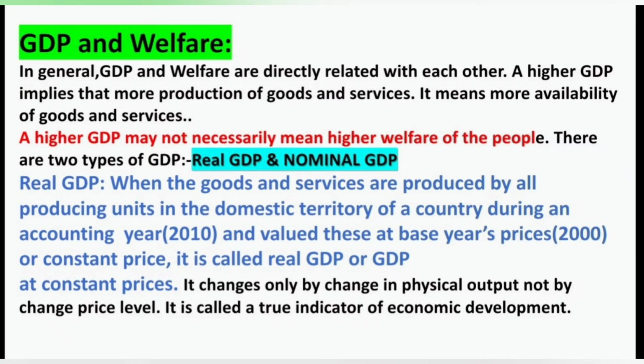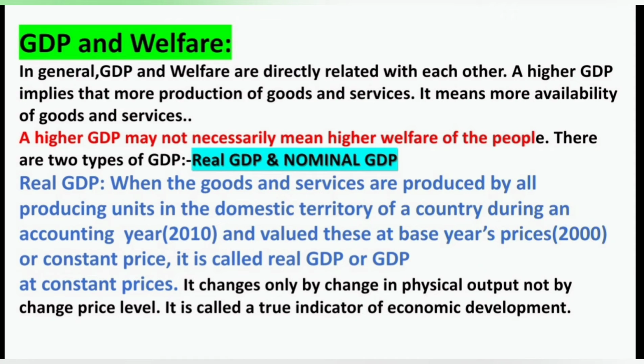When the goods and services are produced by all the producing units in the domestic territory of a country during an accounting year, say 2010, and valued at base year price, say 2000, it is called real GDP or GDP at constant price. It changes only by change in physical output, not by change in price level. It is the true indicator of economic development.